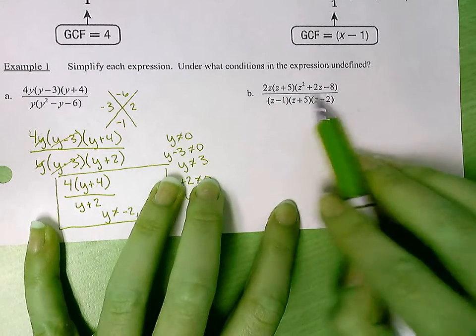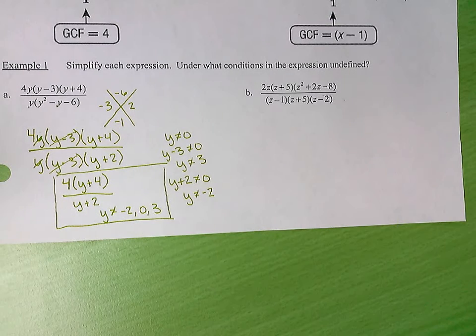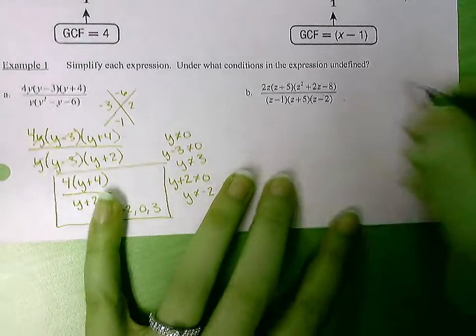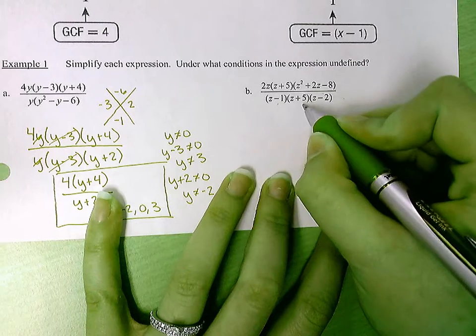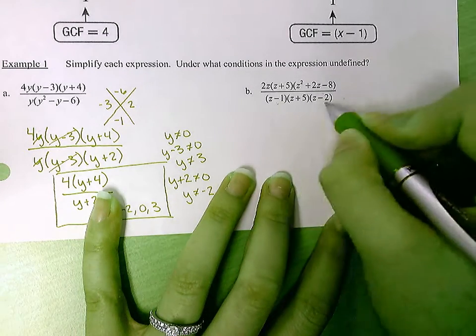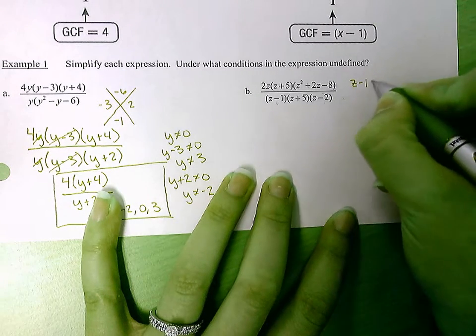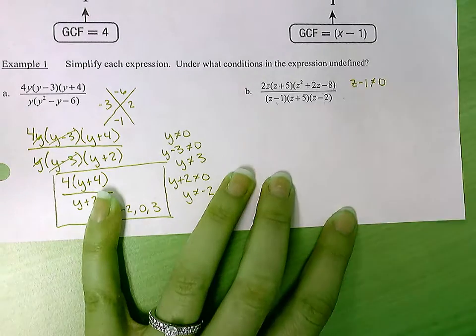So we have our denominator all factored out already. Okay, we need to see where that can't equal 0. So I'm going to set each of these equal to 0 and solve. So I have z minus 1 cannot equal 0.